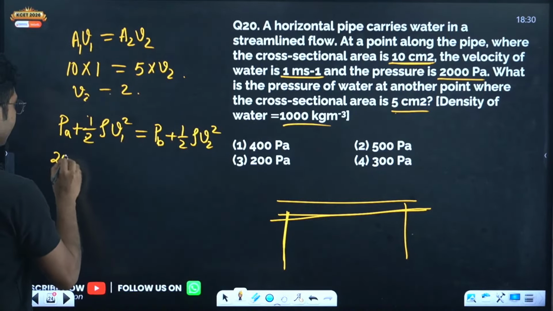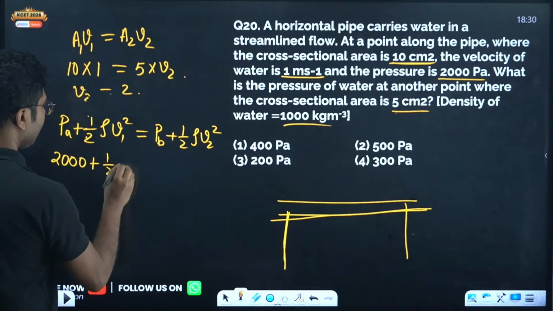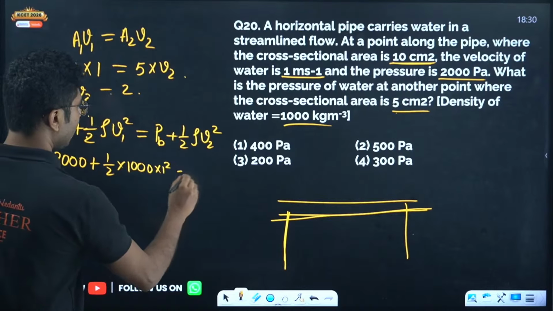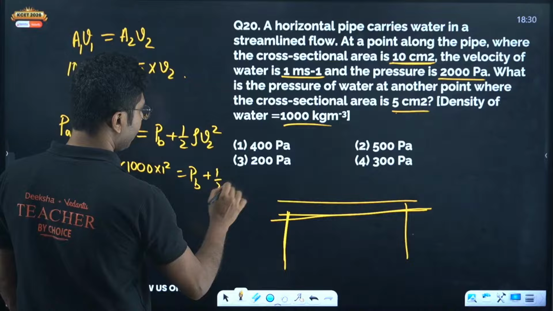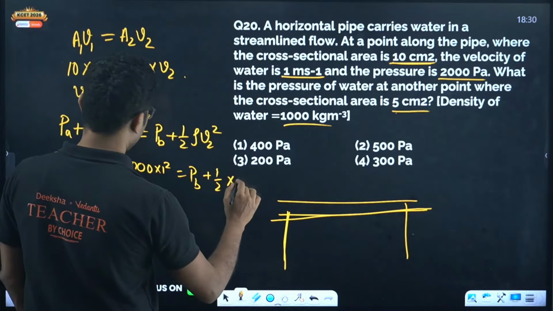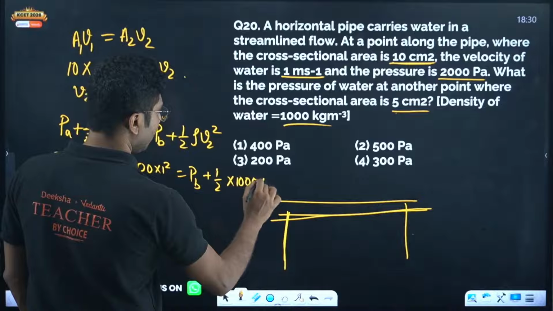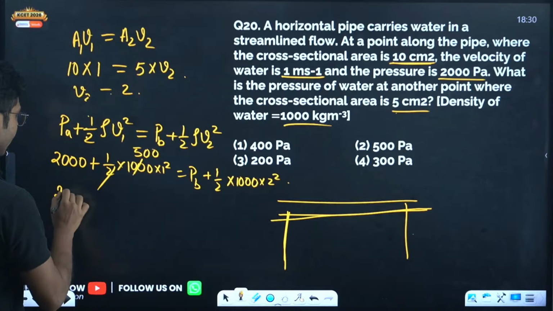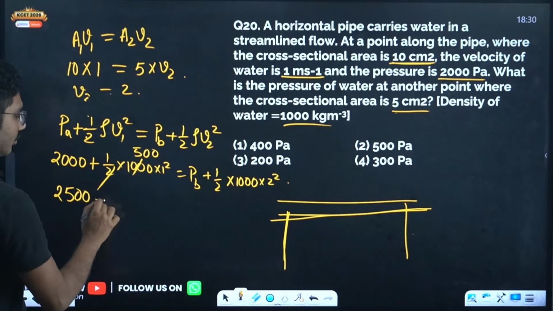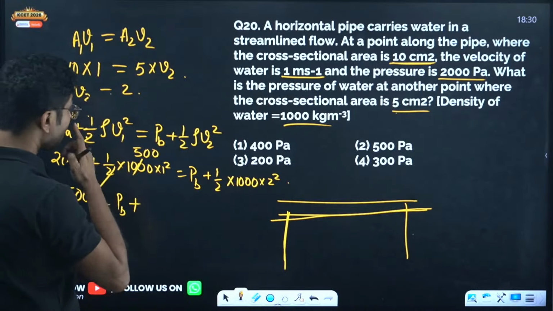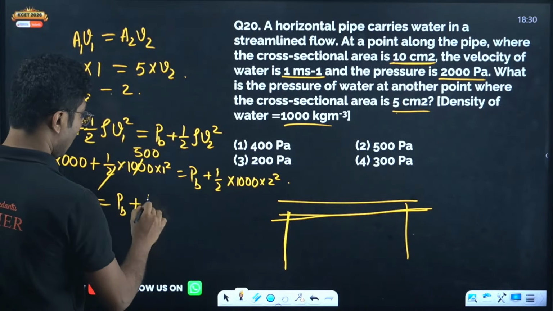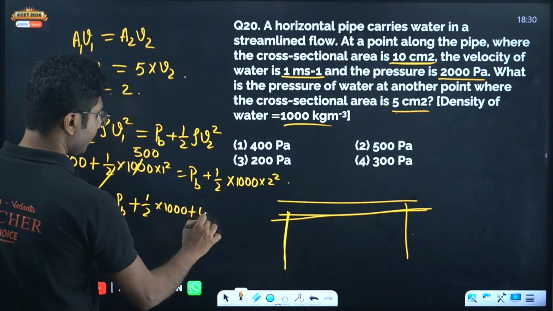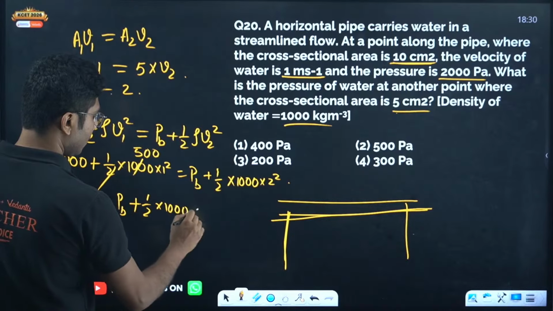Okay, so it will be 2000 plus half into 1000 into 1 square equals PB plus half into 1000 into 2 square. So this cancels, we get 500. So 2500 equals PB plus half into 1000 into 4.